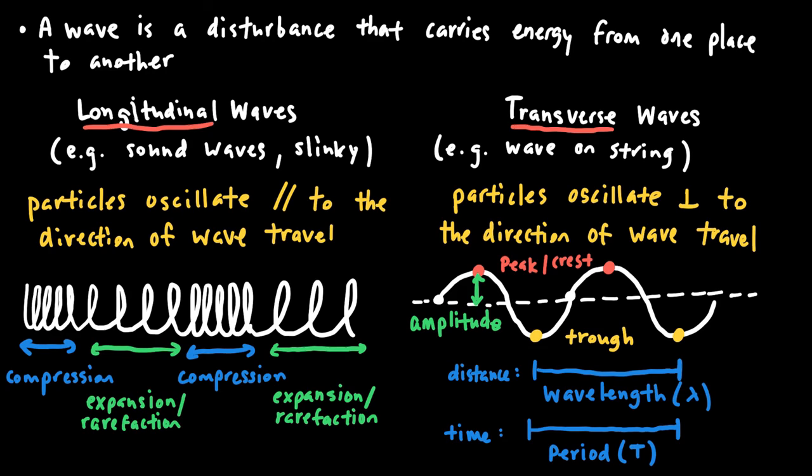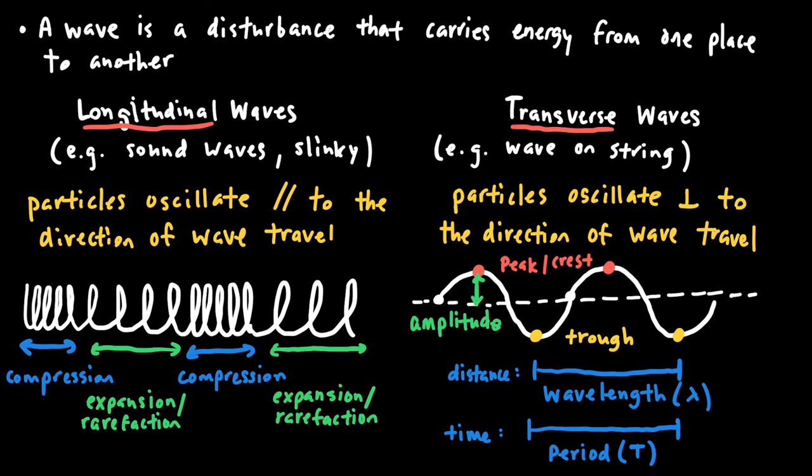A longitudinal wave is something like a sound wave or like the waves in a slinky, where the particles oscillate parallel to the direction of wave travel. And the mnemonic that I use for this is, since the particles are oscillating parallel to the direction of wave travel, they oscillate along the direction of wave travel.